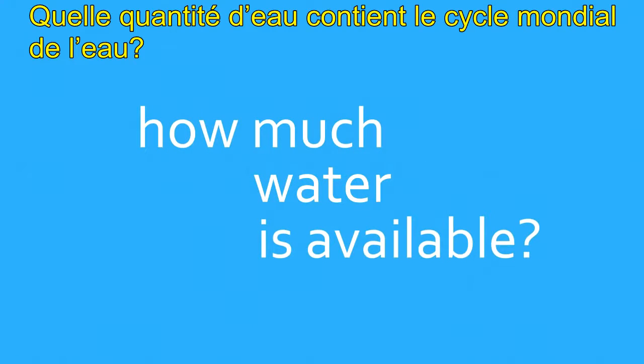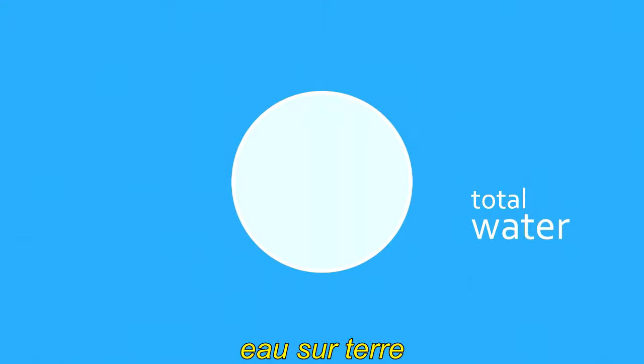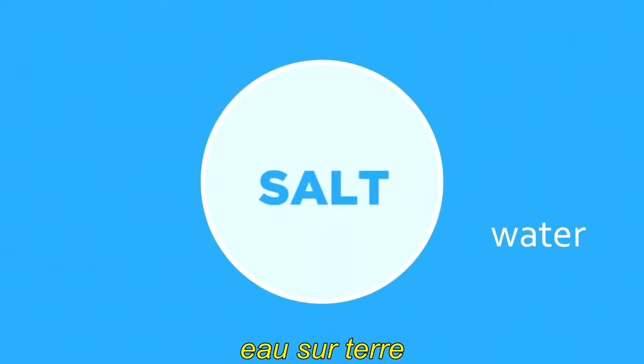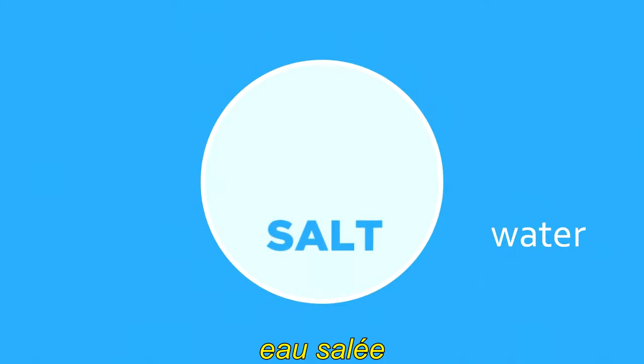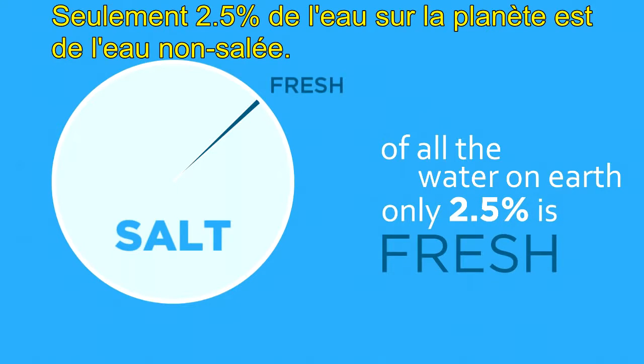How much water is available in the global water cycle? Of all the water on the Earth, only 2.5% of it is fresh.